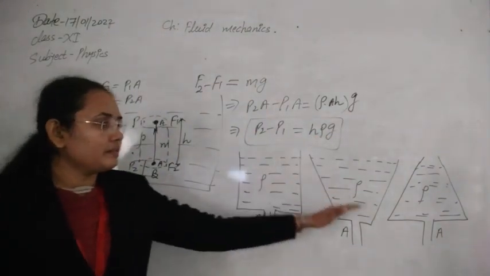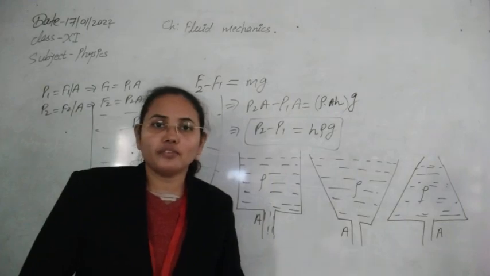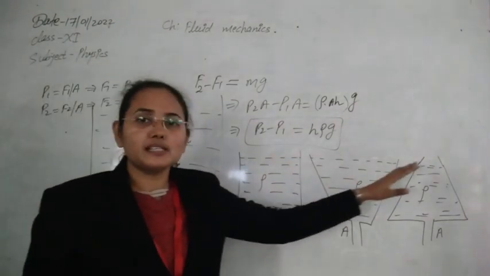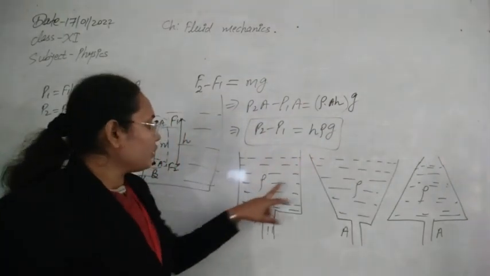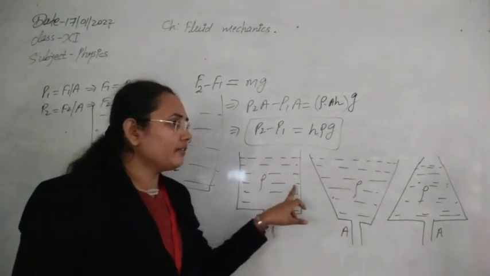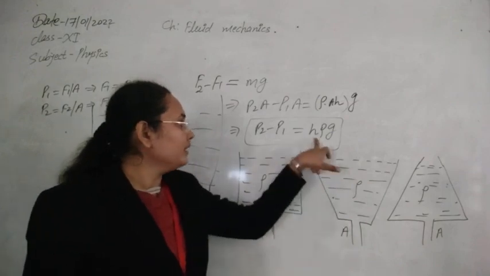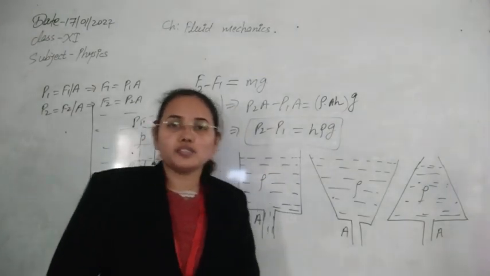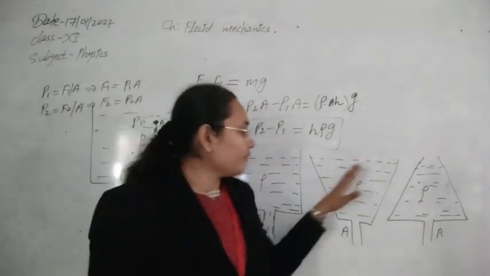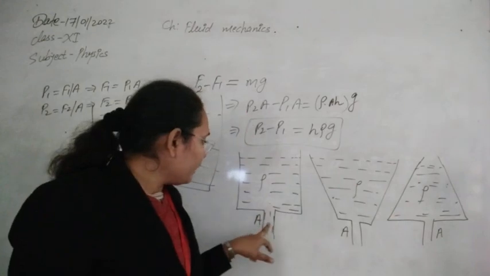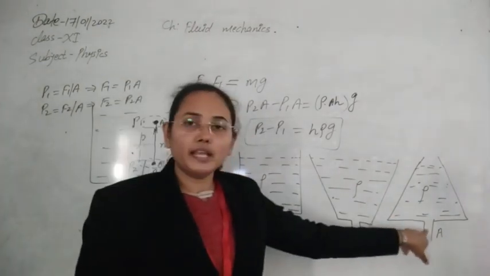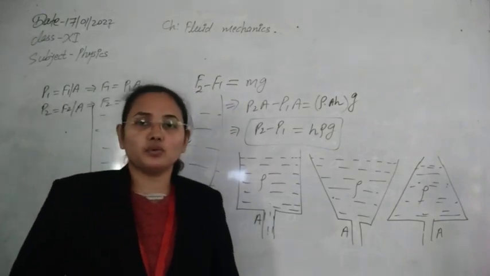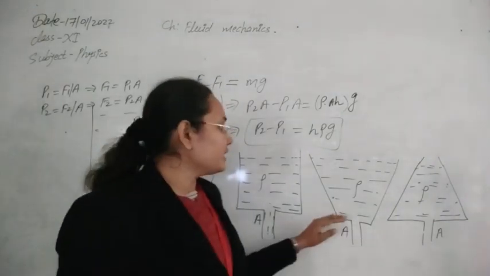For these kinds of shapes, the gravity effect is obviously not very appreciable here. And we can see easily that gravity is the same everywhere. Rho we have already seen, we have taken the same kind of liquid, and up to the same height we have filled. So h rho g is the same, then it will be constant. So for every shape of the vessel, it will apply the same pressure at A. This kind of experiment is known as the hydrostatic paradox.